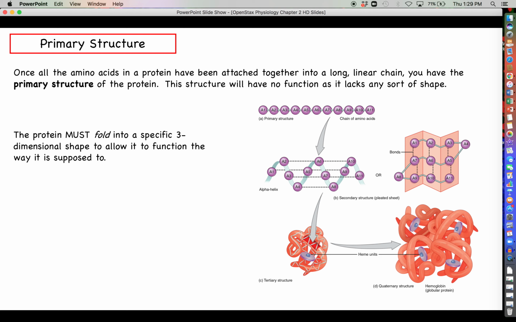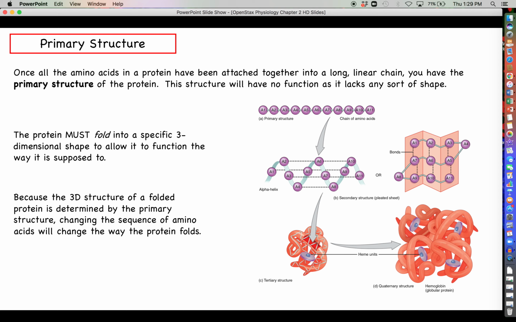The protein has to fold into a very specific three-dimensional shape in order for it to attain its intended physiological function. So because the 3D structure of a folded protein is ultimately going to be determined by the primary structure, the primary structure has all the underlying information we need to fold the protein correctly, we just need to actually go through the process of folding it in order to get it to do the right thing.